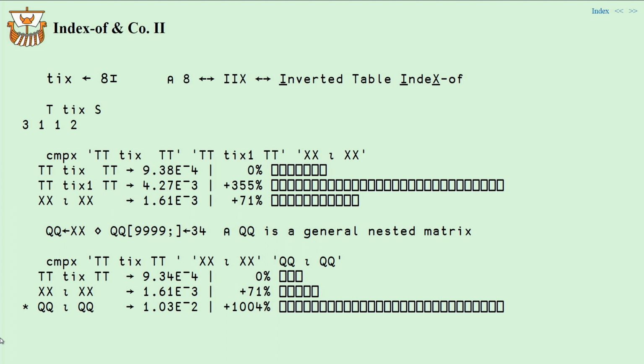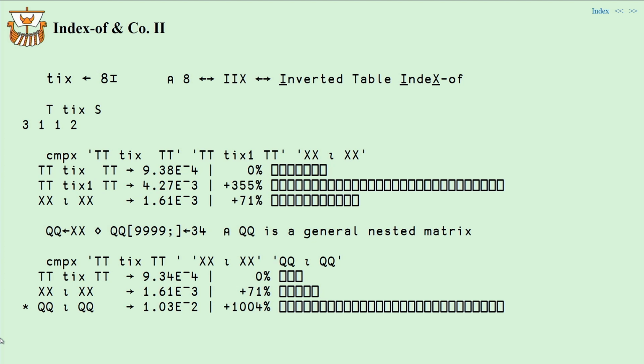That's the XX iota XX, which is as fast as it is because the interpreter, when doing the primitive iota, looks for an inverted table and uses a faster algorithm for it.